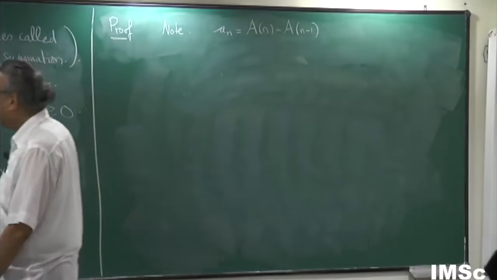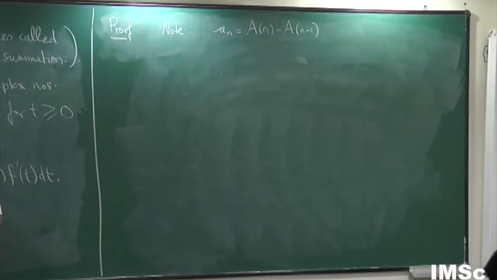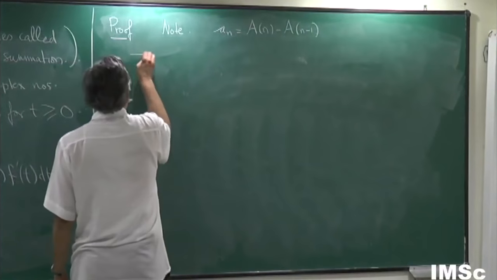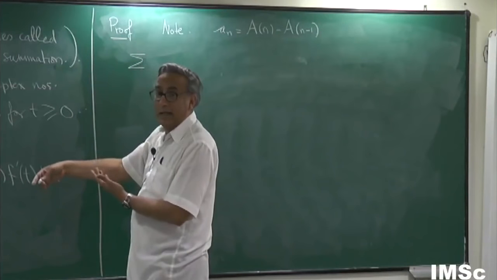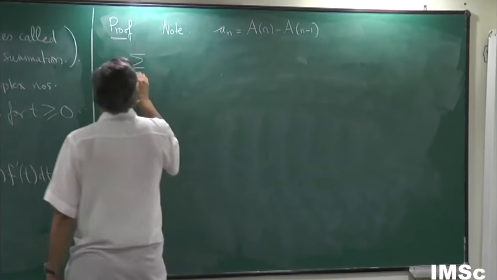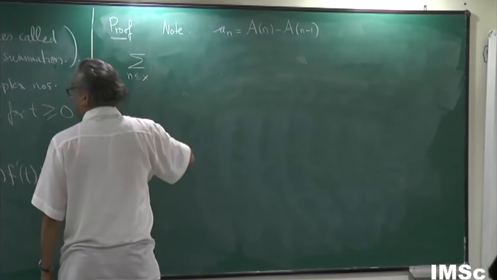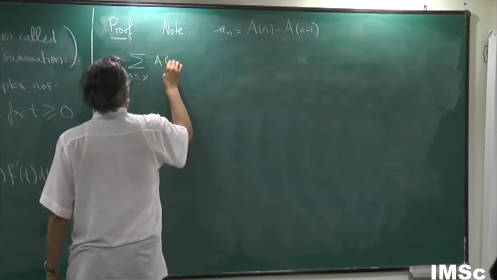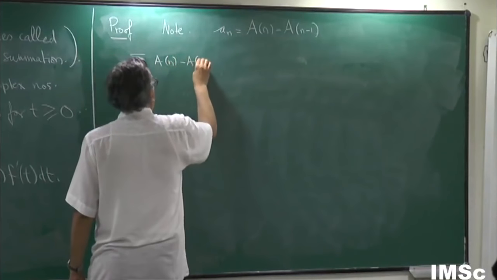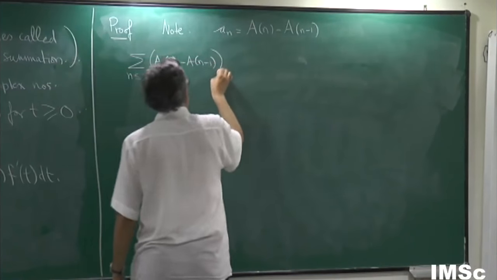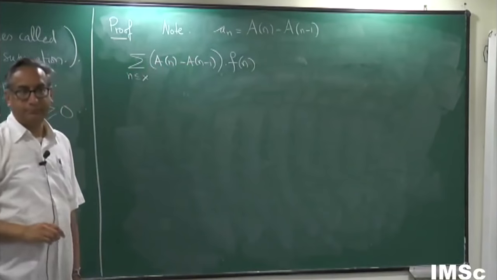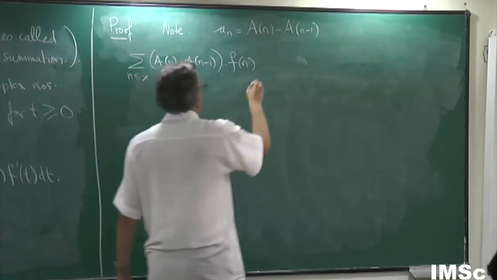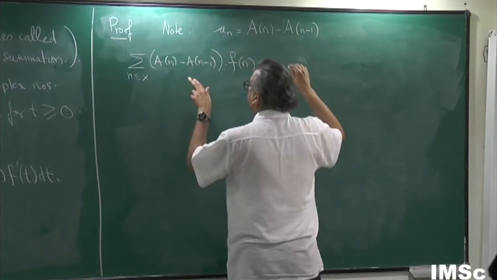So what we do is we will take this sum and replace a sub n by A of n minus A of n minus 1. This is Abel's proof. I mean, he didn't write it like this. I'll tell you his motivation later on, but this is his starting point. So he starts out like this: A of n minus A of n minus 1. Like that. And now you do what you think you do.